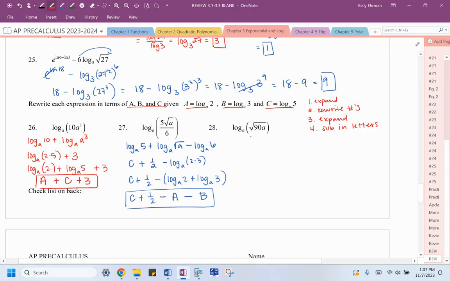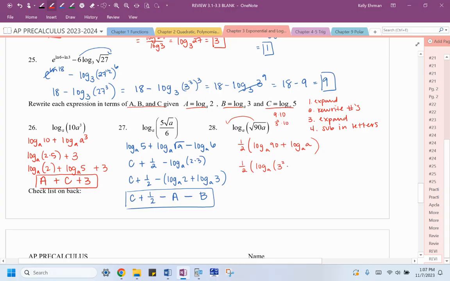Okay, last problem. I'm going to pull this 1/2 out in front. 1/2 log base a of 90 plus log base a of a. 1/2, let's see, 90 is 9 times 10. 9 is 3 squared times 10 to get 90.